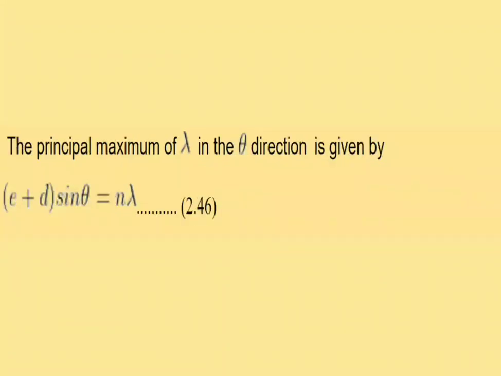So the condition for principal maxima having wavelength lambda in the theta direction by the grating, as we already discussed in the Fraunhofer diffraction due to N slits, is e plus d sin theta equals n lambda.